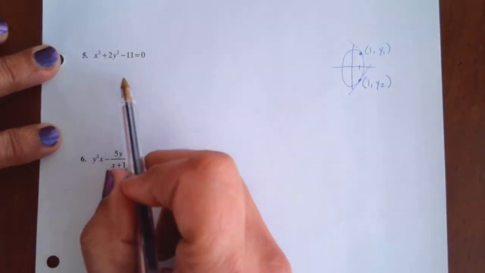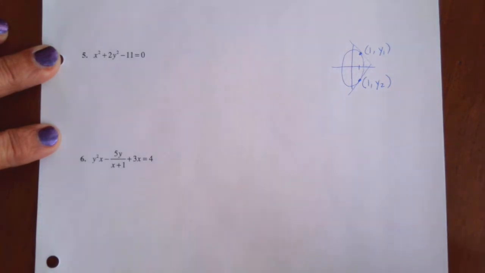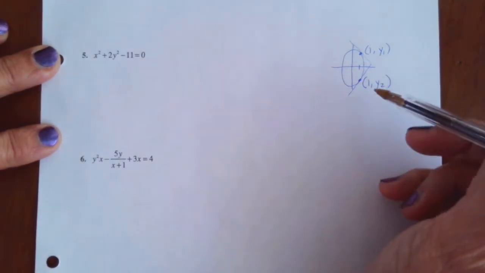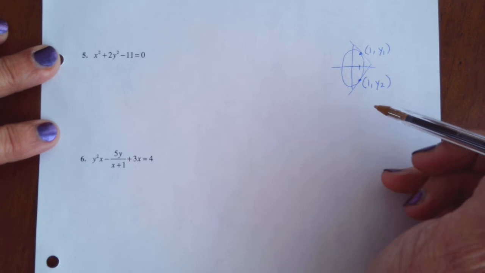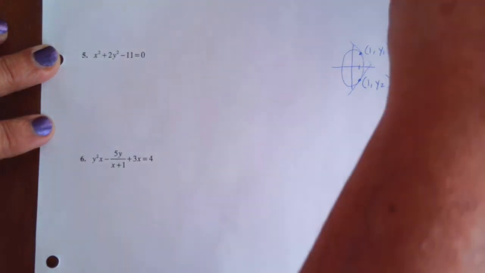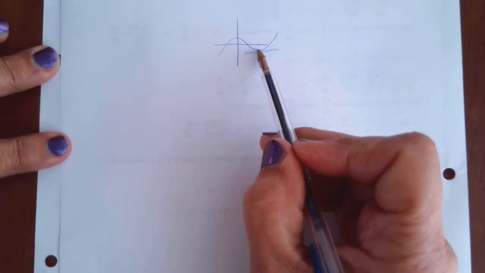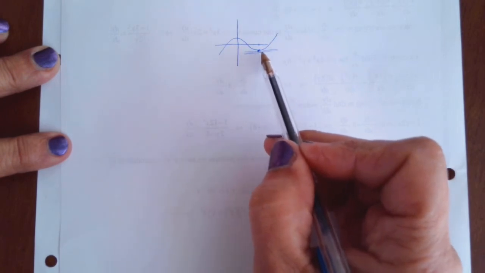So when I take the derivative, my derivative is going to have x's and y's in it because of this. I need to know both the x and the y coordinates so that I can find the slope of the tangent line. Versus this one, any function only has one point associated with each x, right? So there is no concern.